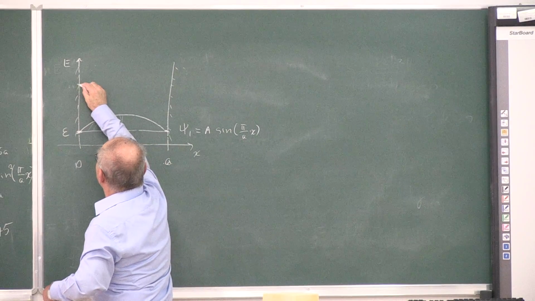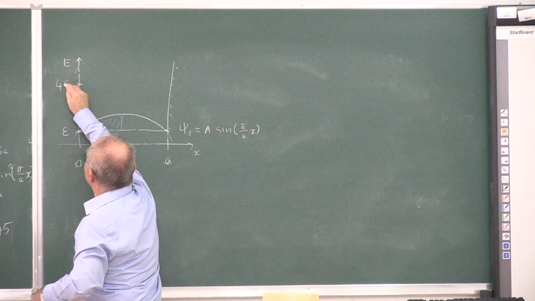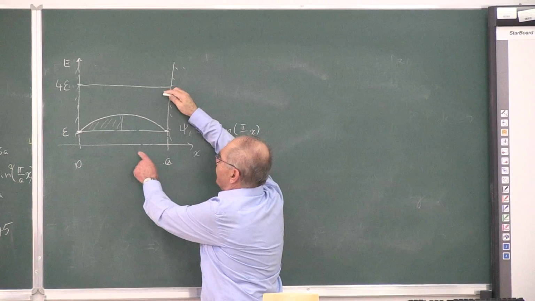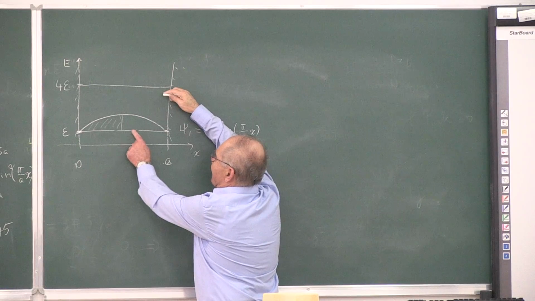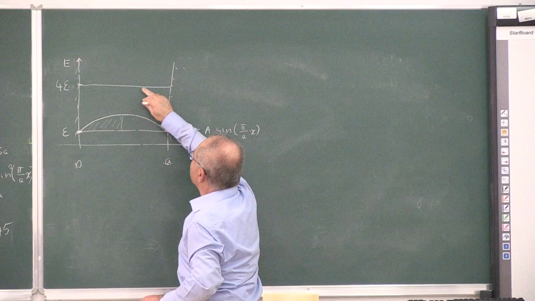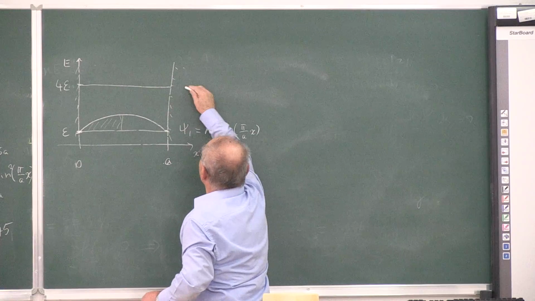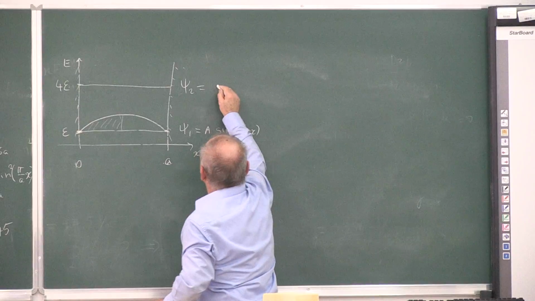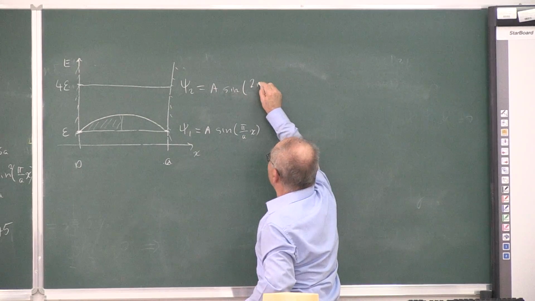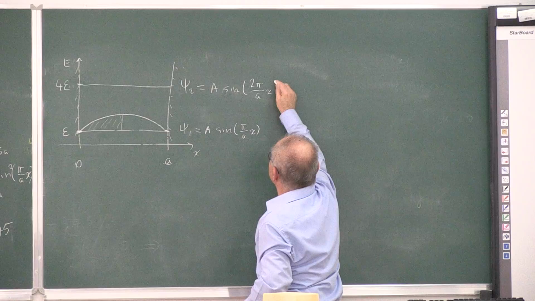Again, this time the energy is 4E1. I'm drawing an x-axis parallel to the original x-axis, as I did here. Now, my function is psi 2, which is the normalization constant times sine of 2 pi over a times x.